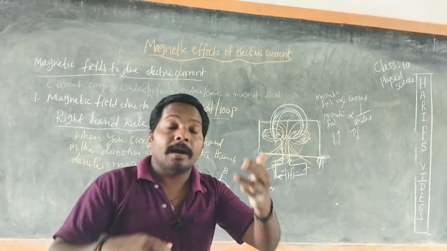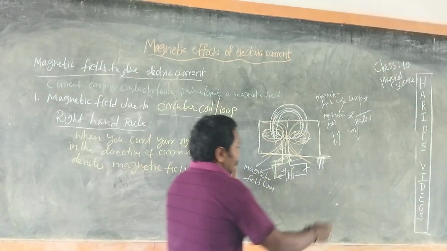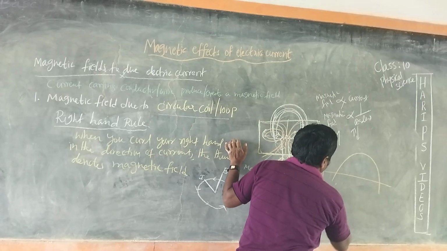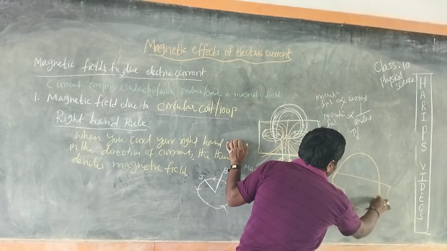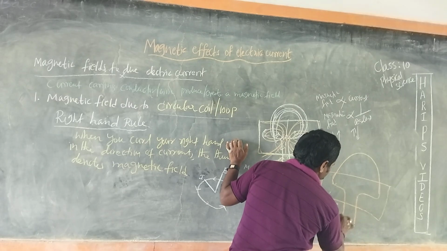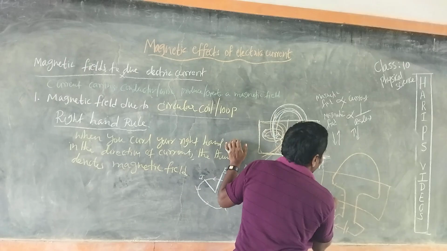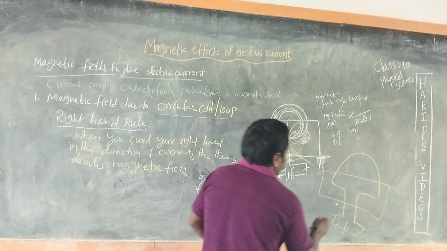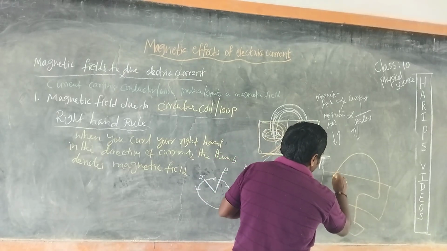And it also depends upon the number of turns. So here, if you take only one turn, then the magnetic field is formed like this.